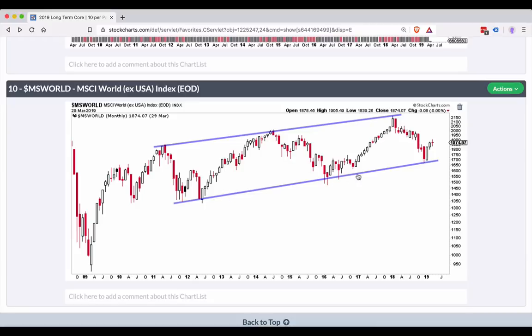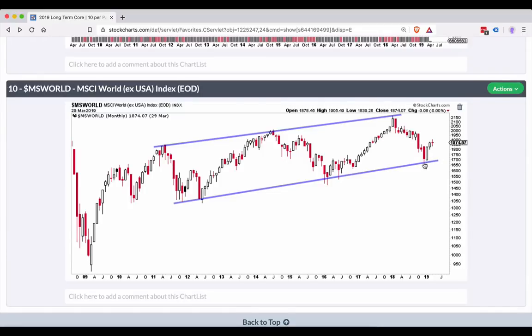We've been fairly flat, making these wide waves up and down, and you can see in late 2018 we had a test of the lower end of this channel, and we are getting that reaction. We are pushing higher off of it.